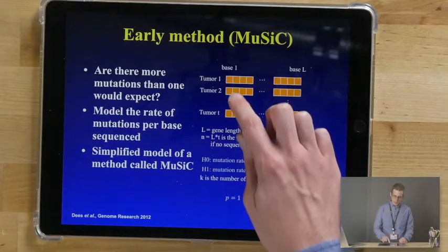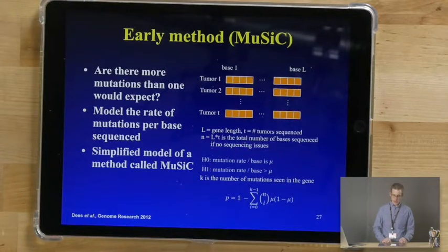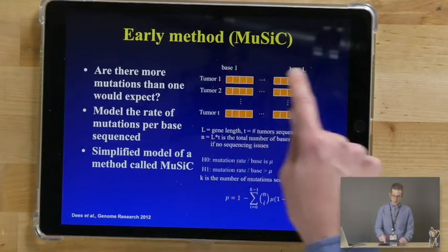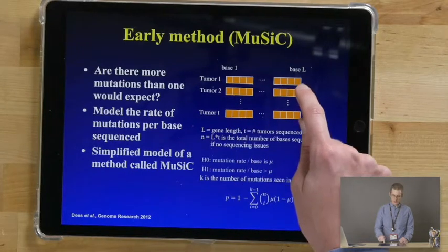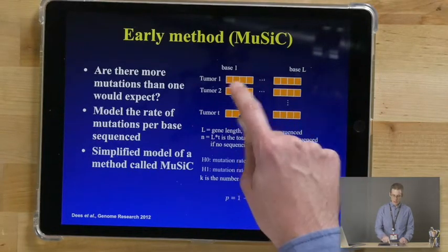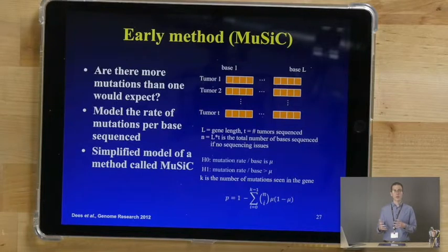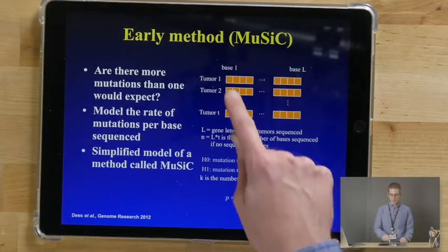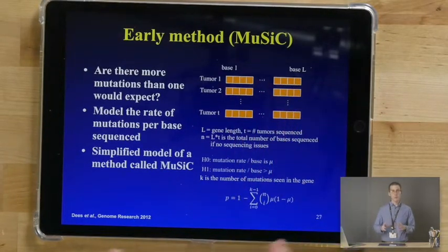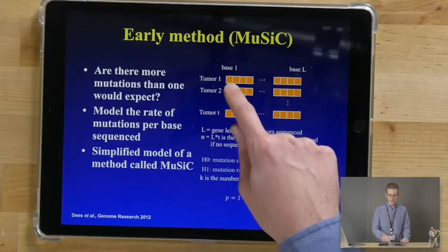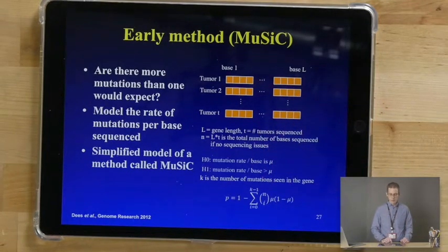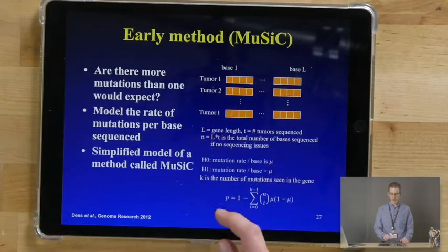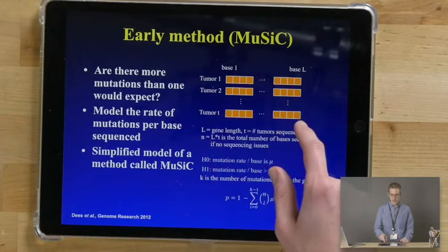So if you look here, for example, if you had a gene of length L, each one of these bases in any given tumor could possibly have a mutation observed. So you have L bases where you could have observed a mutation. But in a cancer sequencing study, since you're sequencing many tumors, you've not just sequenced this gene one time. If you have T different tumors, you've sequenced it T times.